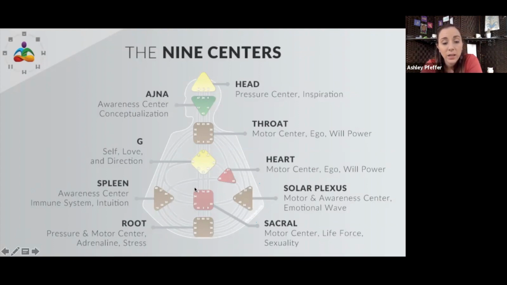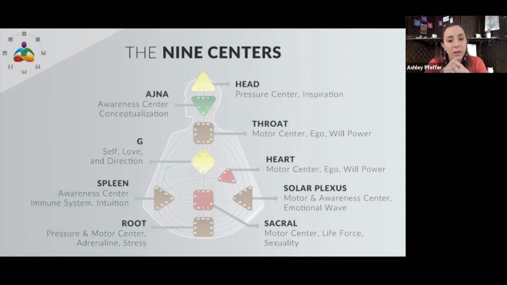Sacral is the engine in your car, and it's about life force, sexuality. It's what gives you the energy. If you can think of the root as the gas in your car and the sacral as the engine, that's what's going to drive you. If you have an open sacral, you're not here to do a bunch of work. That means you're either a projector, manifestor, or a reflector.